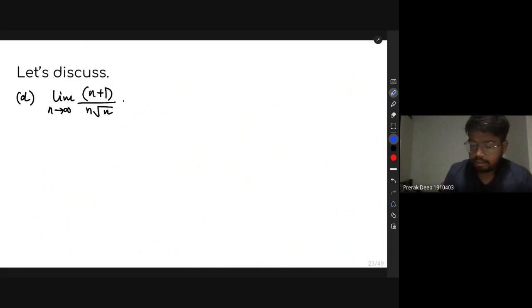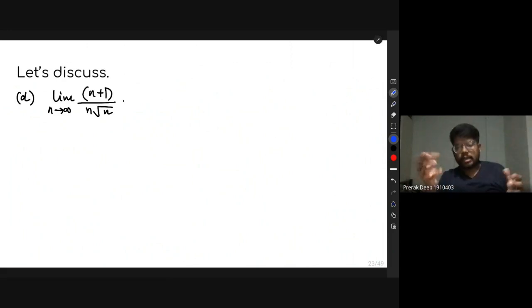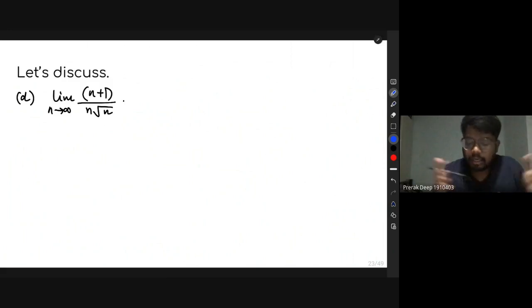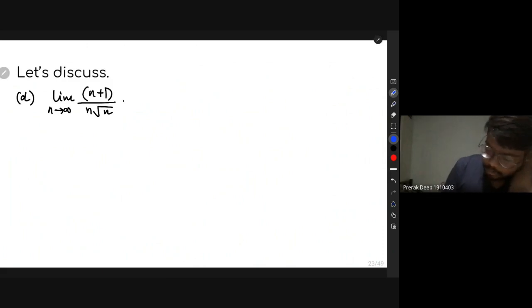Again, we use the facts that the sum of convergent sequences is again convergent, the division of two convergent sequences is again convergent, and the multiplication of two convergent sequences is again convergent. We will use those facts. First we need to simplify this thing. So you can rewrite this expression as this.